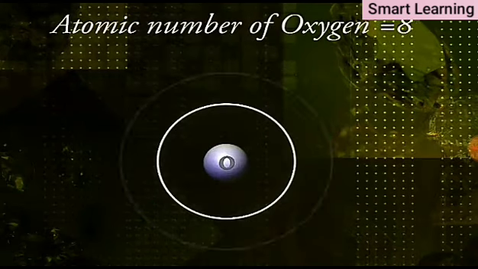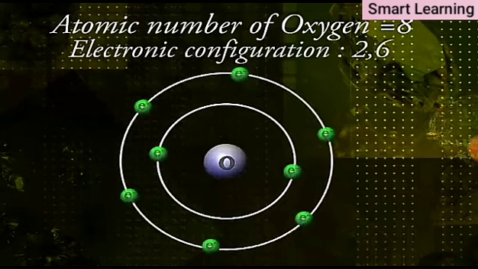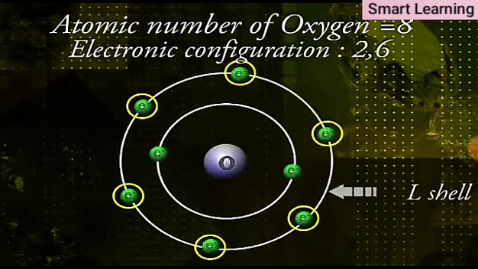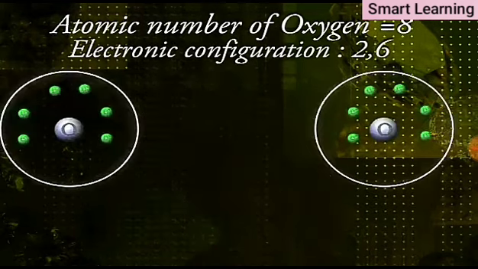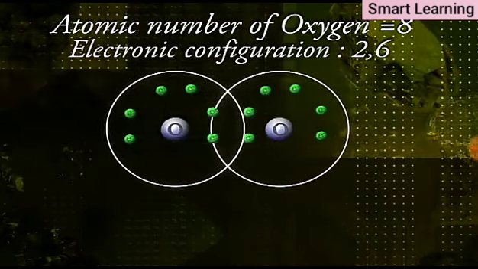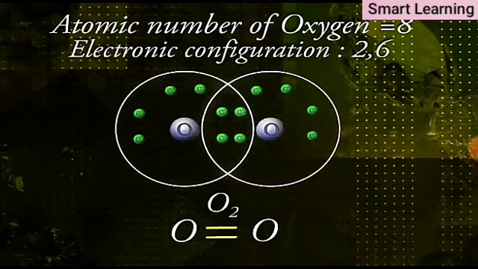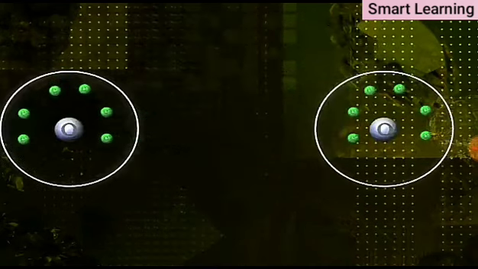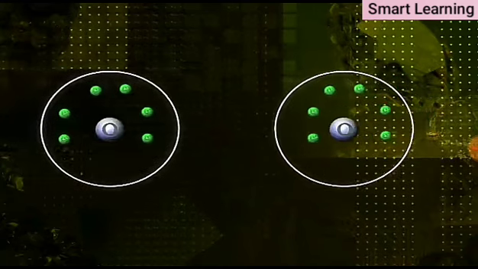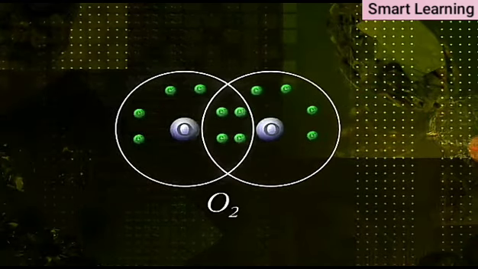Oxygen has 6 valence electrons, that is, 6 electrons in its L shell. So, it requires 2 more electrons to complete its octet. So, each atom of oxygen shares 2 electrons with another atom of oxygen to form an oxygen molecule.